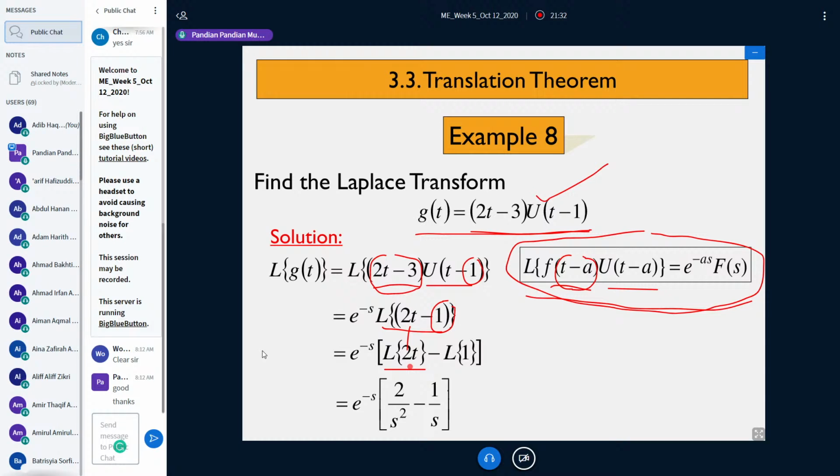Laplace of 2t is 2 times Laplace of t power 1, so 1 factorial divided by s power 1 plus 1, which is s power 2, minus Laplace of 1, which is 1 over s.